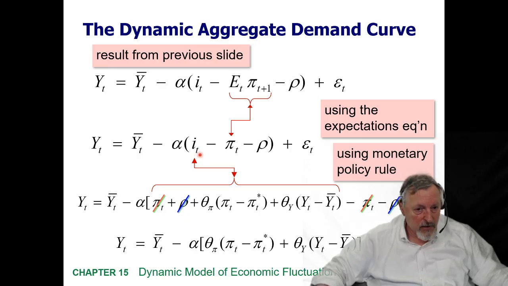The nominal interest rate: for that, we already have an equation describing how the central bank decides what the nominal interest rate should be, which of course they can't determine perfectly. They don't have perfect control over these things, but it's their target, and over time they will achieve it.